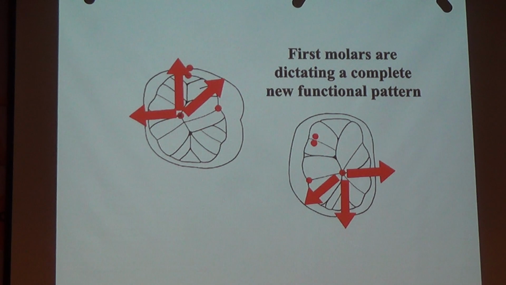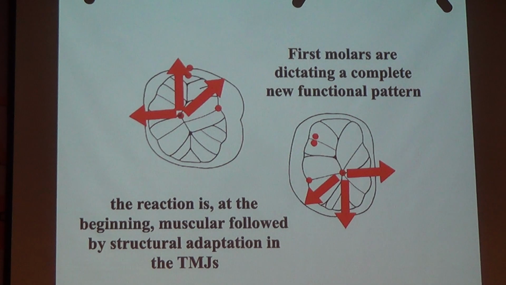Thì cái răng số 6 là cái răng mà nó dẫn theo cái kiểu chức năng mới hoàn toàn, bởi vì trước đây là nó không có những cái hướng dẫn như vậy. The reaction is at the beginning muscular, followed by structural adaptation of the TMJs. Và cái phản ứng là ngay lúc đầu thì cái cơ nó sẽ theo cái sự thích ứng về cấu trúc trong khớp thái dương hàm.